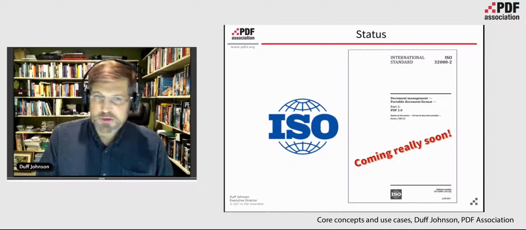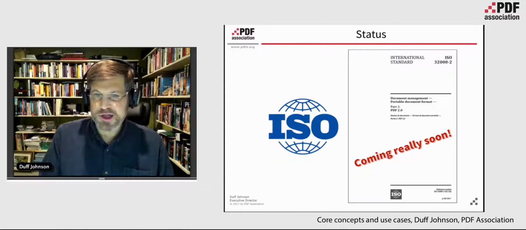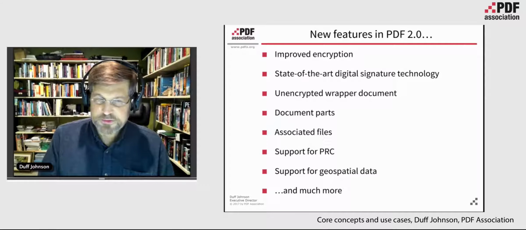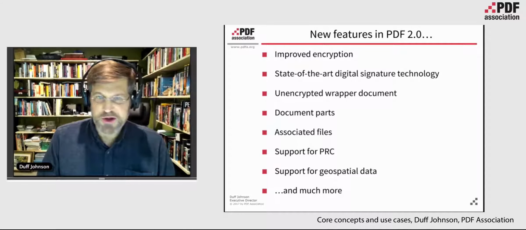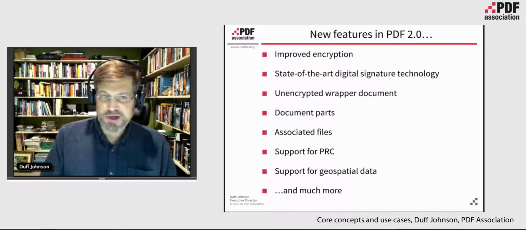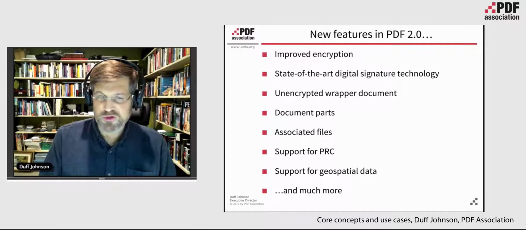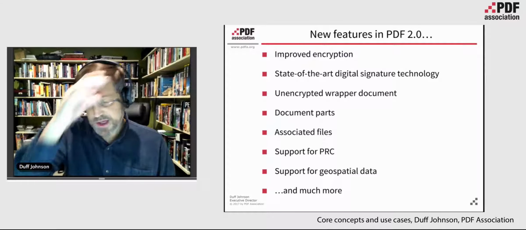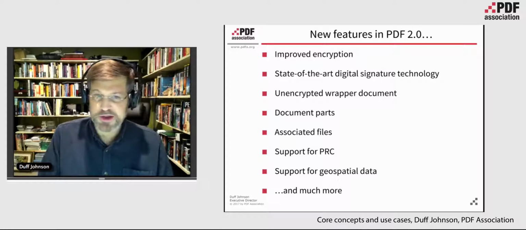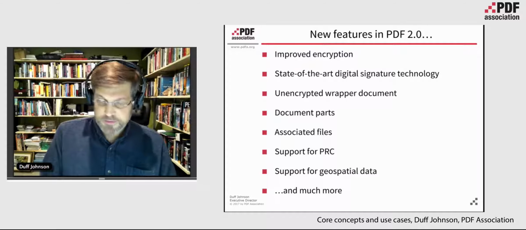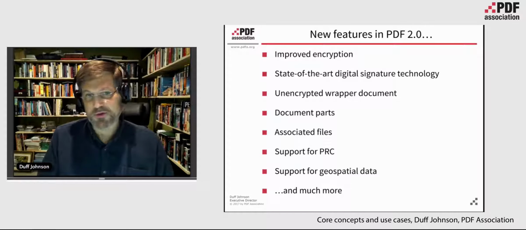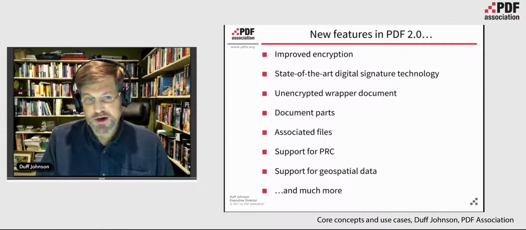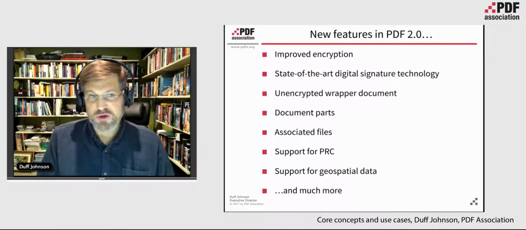And so what about PDF 2.0 underlies Next Generation PDF? Well, there are a variety of features that have greater or lesser bearing on Next Generation PDF, but among these, for sure, improved encryption, because PDF encryption has been significantly updated, and state-of-the-art digital signature technology permit PDF files to operate in environments where there's a great deal of control or other kinds of accountability required.